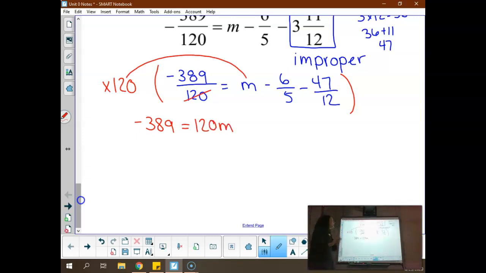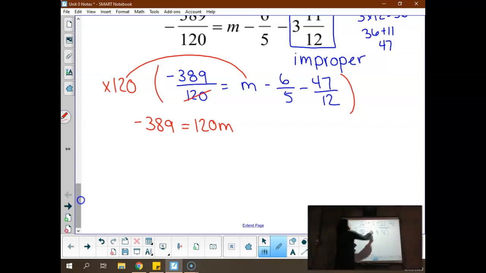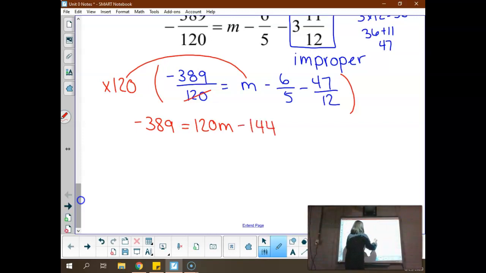Now, this is where it gets a little weird for people. Your calculator can do this part for you. My recommendation is to type in on your calculator 120 times 6 divided by 5. So I've got 120 times -6 over 5, and I get 144.